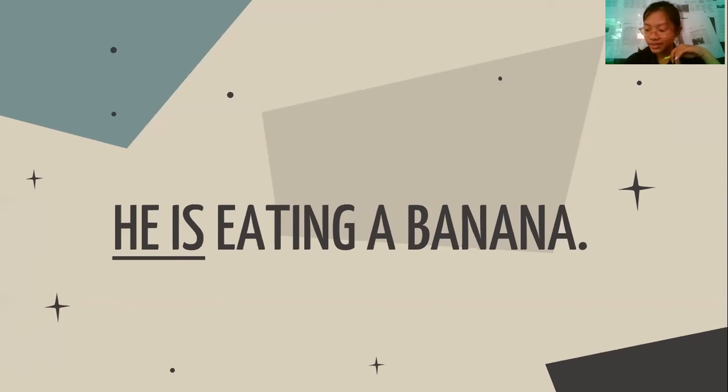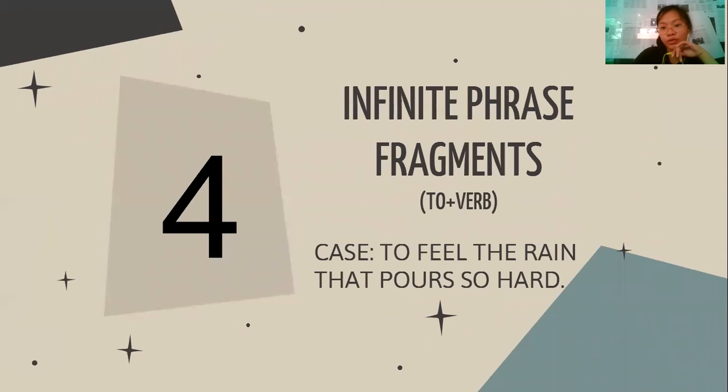Now, we're going to move to the fourth type, the infinitive phrase fragment. What is an infinitive phrase? It's the to plus verb. When your first word begins with an infinitive, the to plus verb, it might be a fragment.